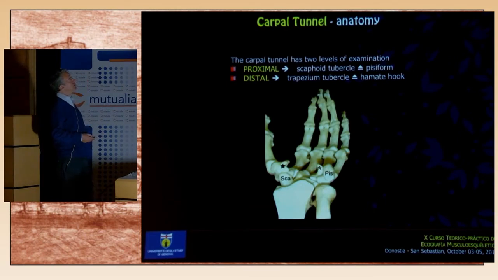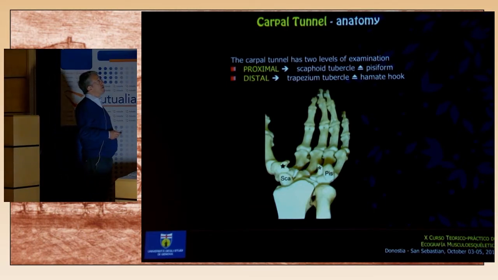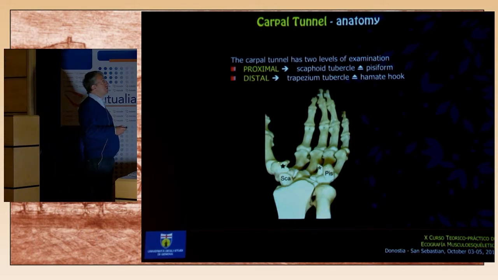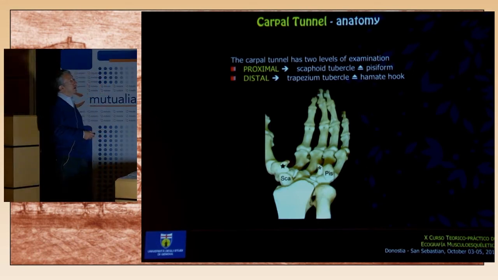When you scan the carpal tunnel, remember to consider bones as landmarks. It's very important. The carpal tunnel itself has two levels, proximal and distal, in which the scaphoid tubercle and the pisiform represent the best landmarks to image the tunnel proximally, and the tubercle of the trapezium and the hook of the hamate represent the distal carpal tunnel.